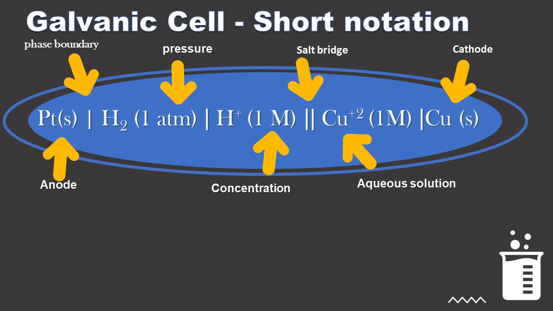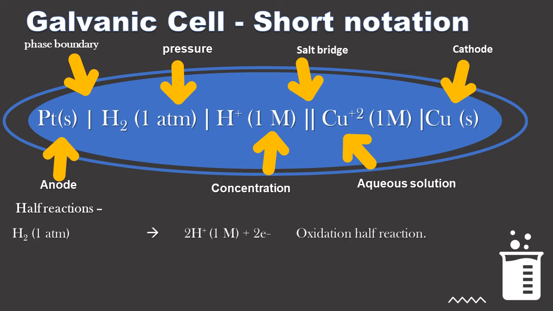Now let's study how to write half cell reactions from this short notation. As we know, the left is the oxidation reaction, therefore H2 will give 2H+ plus 2 electrons. This will be the oxidation half reaction, while Cu2+ ions will undergo reduction.